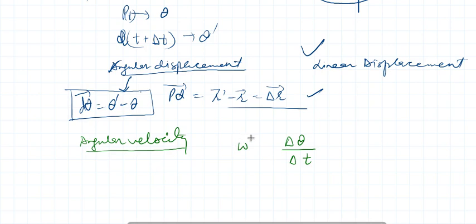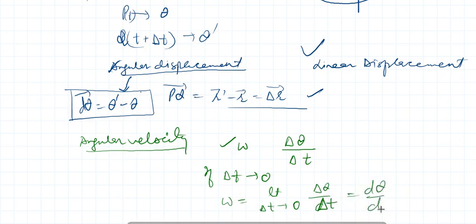This is known as omega, and omega is known as angular velocity. But if delta t approaches 0, then we can talk about instantaneous angular velocity. In that case, it is defined as the limit of delta t approaching 0 of delta theta over delta t, and we call it d theta over dt, right?